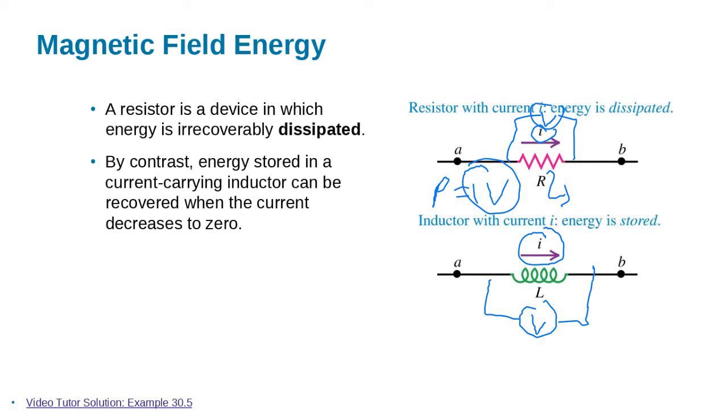It's not necessarily 100% efficient, as no system is, so there will be some losses, but inductors are pretty good at storing energy. They're usually quite efficient, so most of the energy stored in an inductor can go back into an electrical circuit.